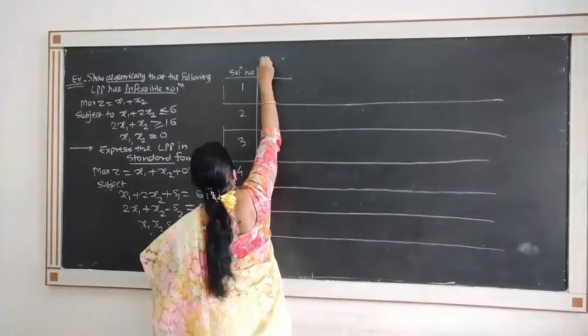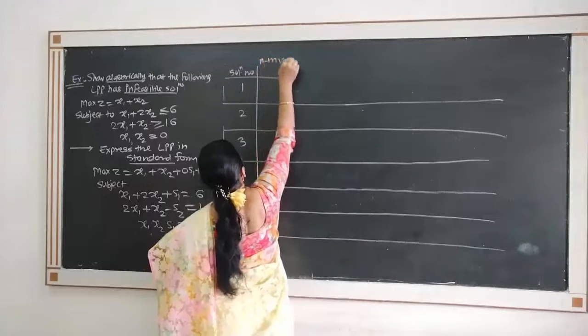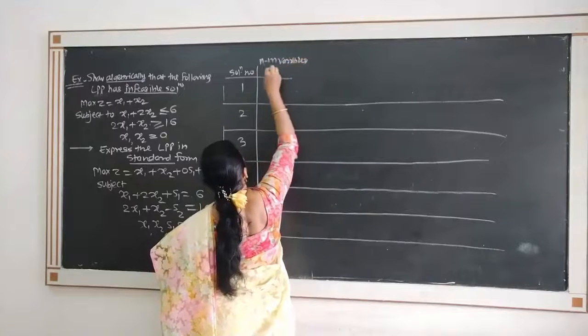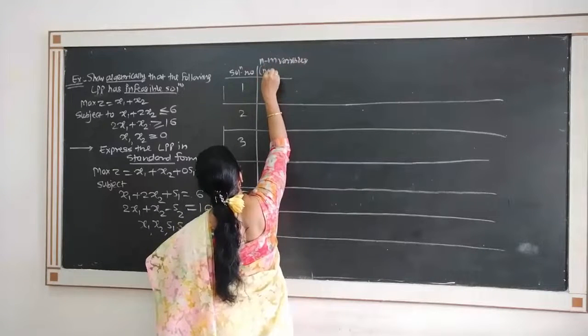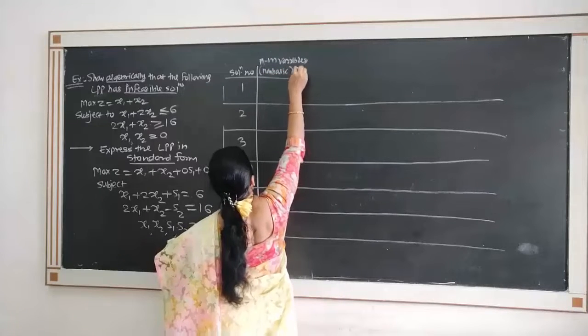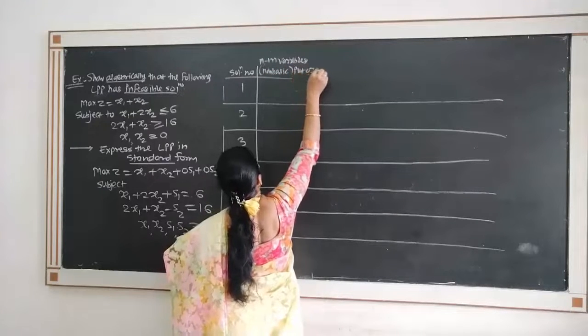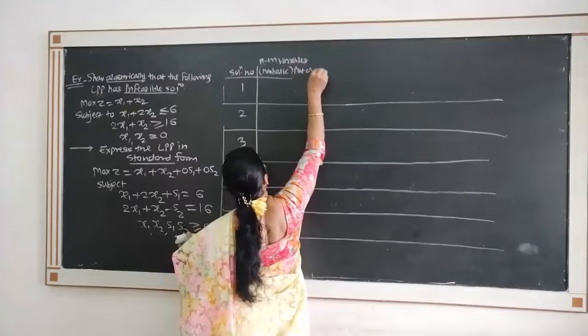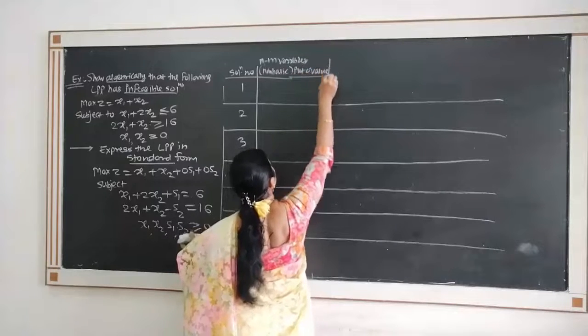Put n minus m variables equal to 0. These are non-basic variables, and we are substituting 0 for those non-basic variables.